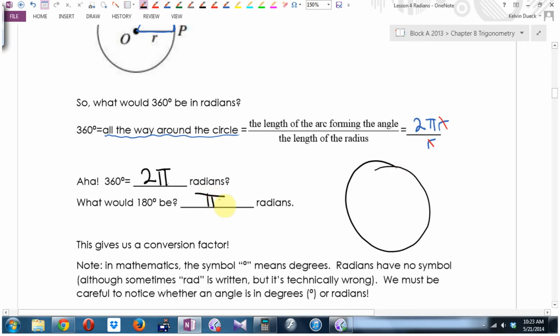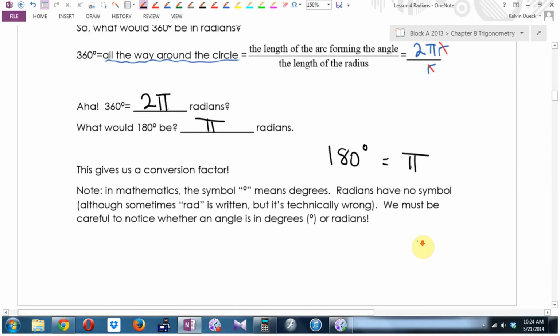Just plain old pi radians. And this gives us our conversion factor. 180 degrees is the same as pi radians. 180 degrees is the same as pi radians.